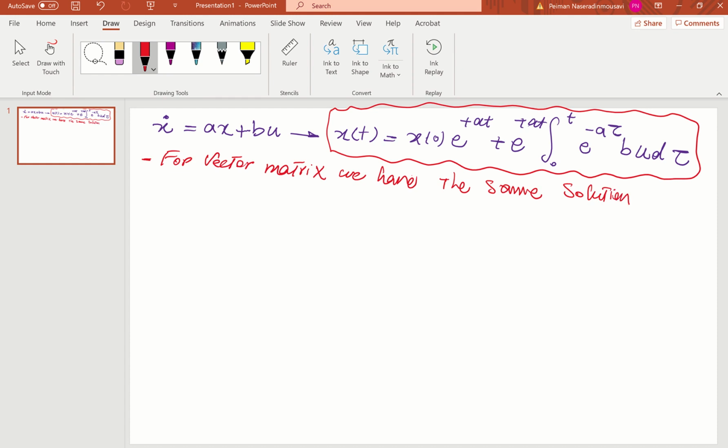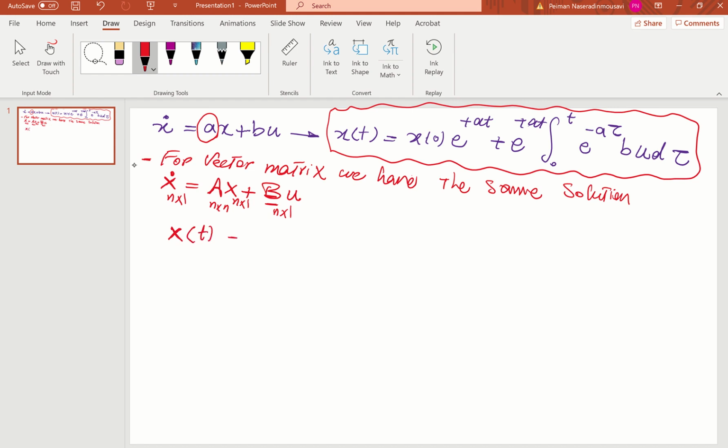In the vector matrix or state space equations, we have the state vector x dot equal to matrix A, which here was a scalar, times x plus bu. A is an n by n matrix, b is n by 1, and u is a scalar because this is a SISO system. So we get exactly the same solution, except that x is a vector of state variables.